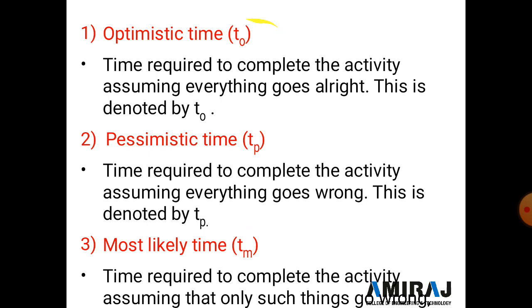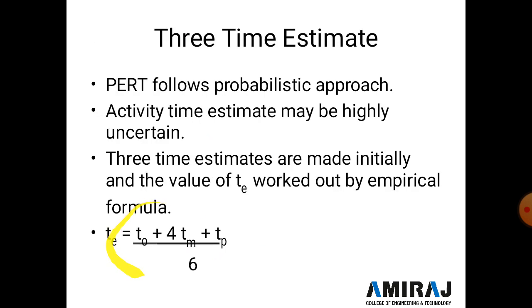So all these three values TO, TM and TP are written in this equation, and you get the one time known as TE, and the formula is TE is equal to TO plus 4TM plus TP divided by 6. Clear? So here we complete our topic, and in the next lecture we discuss CPM examples.